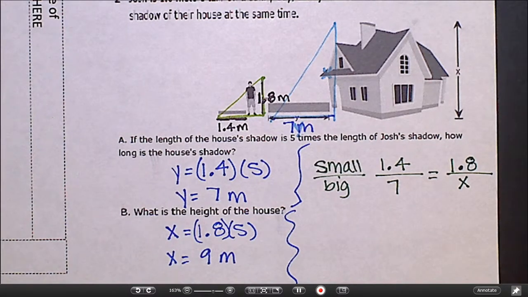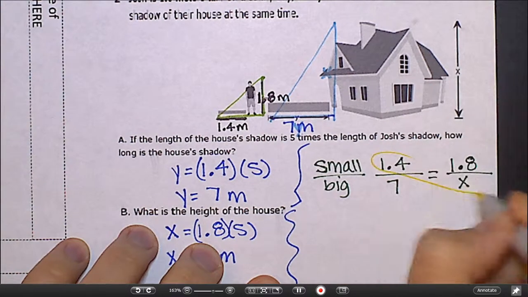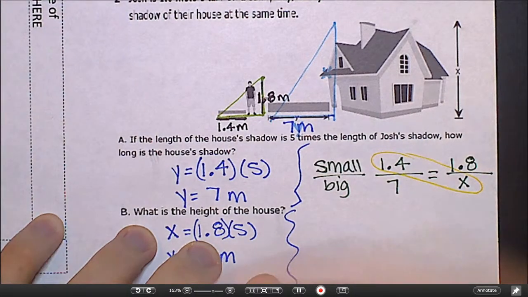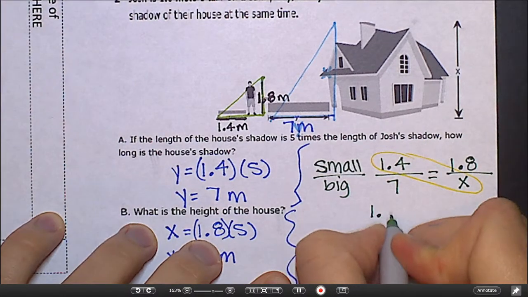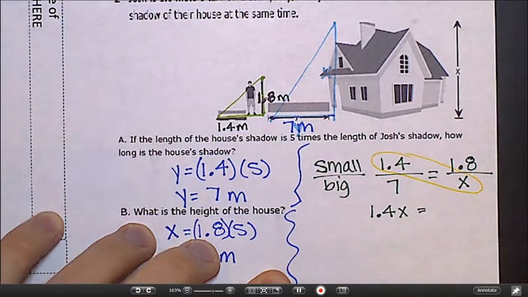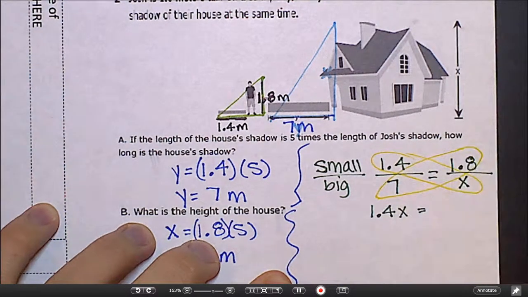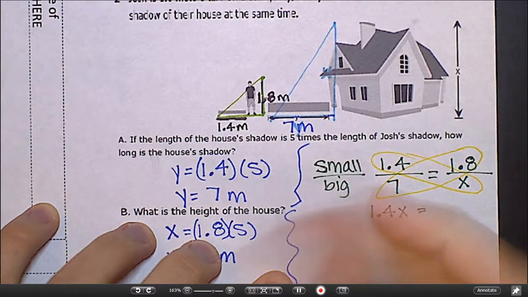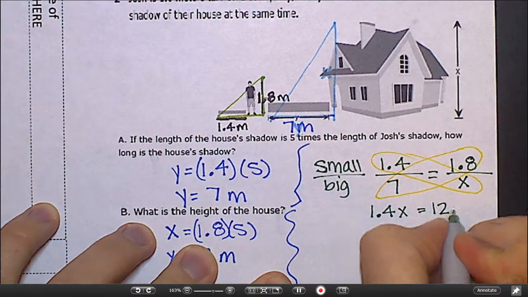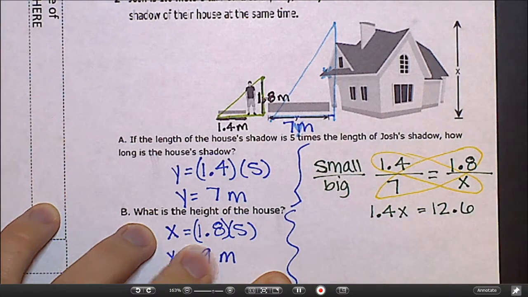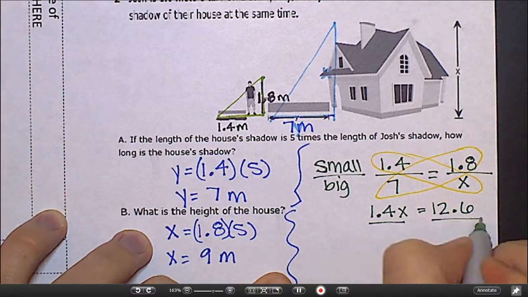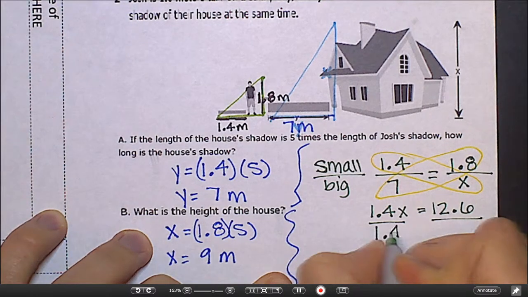And now we can cross multiply. 1.4 times x is 1.4x. 1.8 times 7, that can go in our calculator. That's 12.6. I'm going to divide both sides by 1.4 to get x by itself.